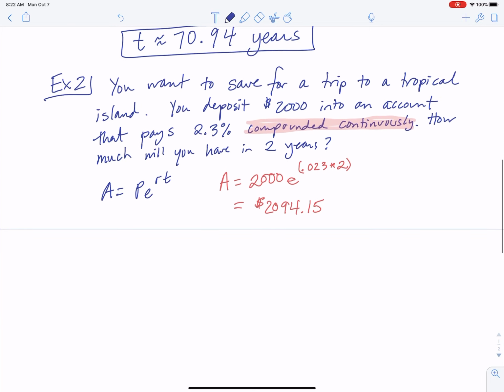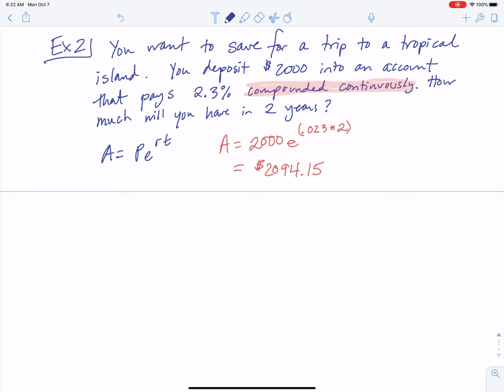So that brings us to the real meat of the pre-calculus finance study, and that is something called annuities. Okay, so these just allow you to save money faster. An annuity is just a more realistic finance model.